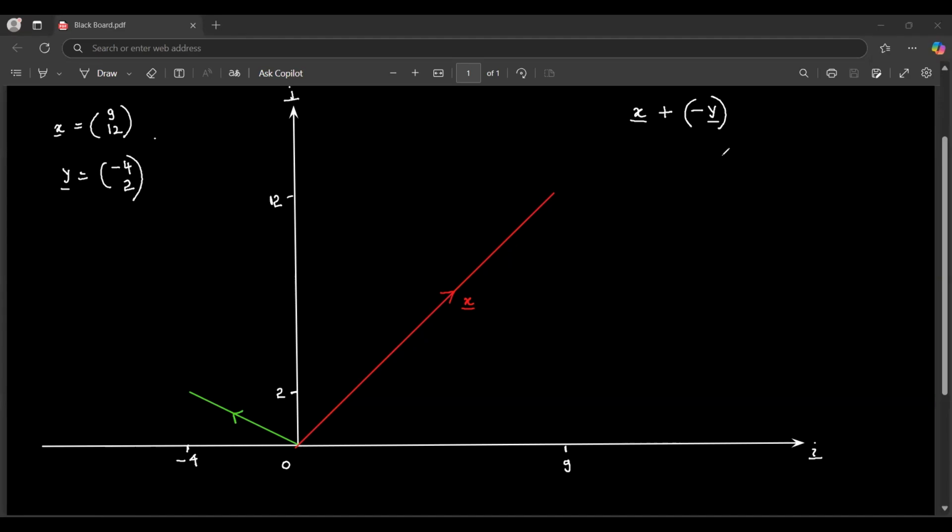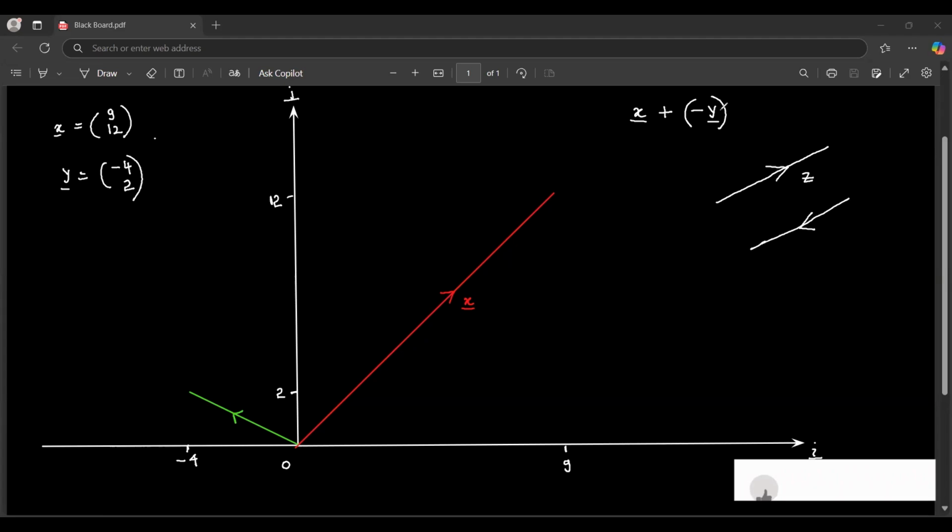So we know if some vector looks like this and let's say that is z, well, the negative of that will be in the opposite direction because the minus sign represents the direction. Similarly we are going to do something here.